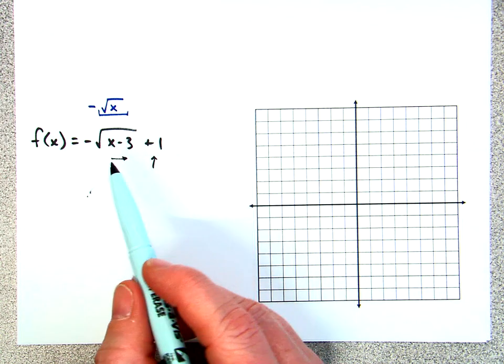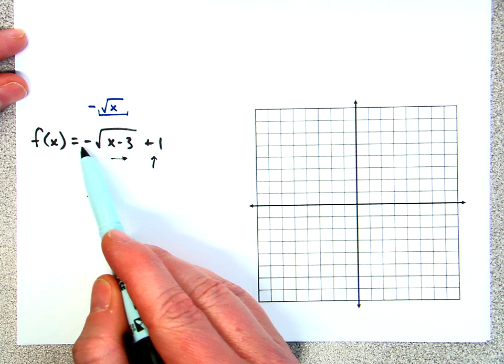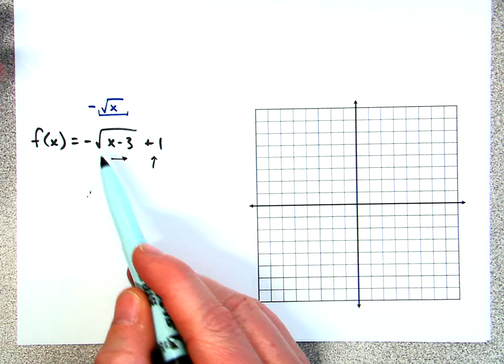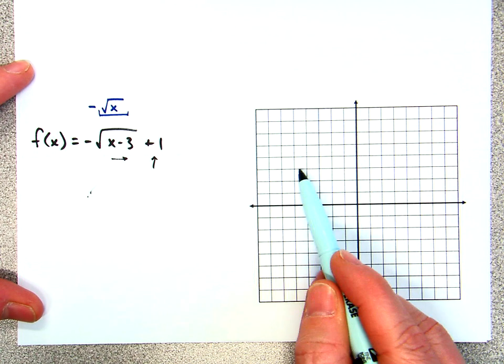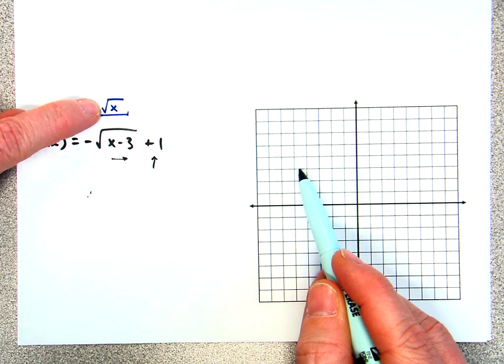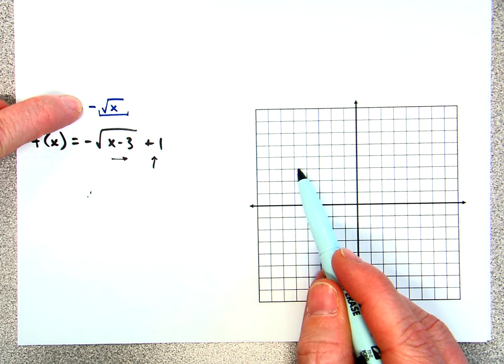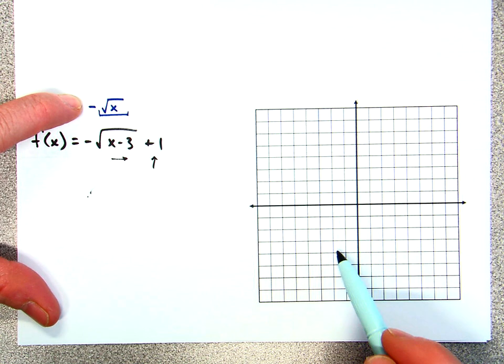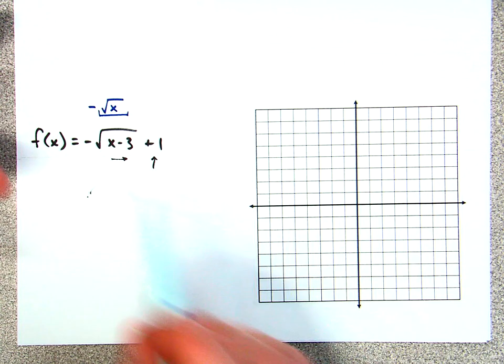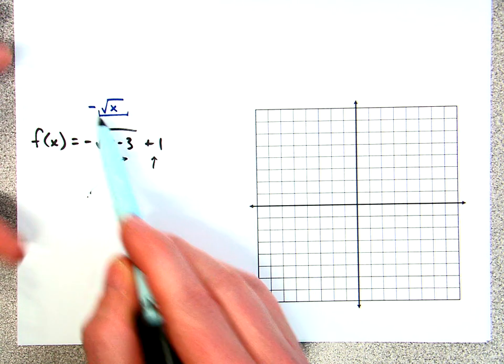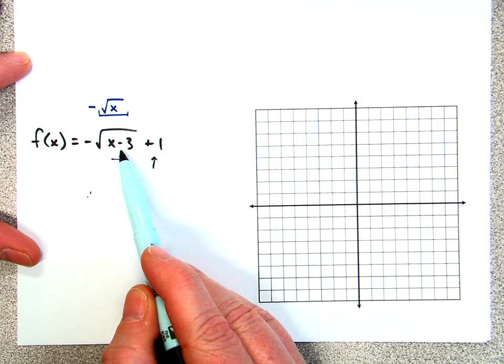So just like normal transformations, a negative as a multiple to the root is going to be a reflection over the x-axis, because if all of my x values are positive, for instance, in this case, now multiplying by a negative will make them all negative and put them below the x-axis. So the function will reflect over the x-axis before it shifts, right?